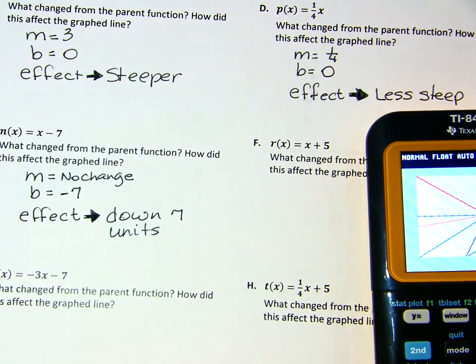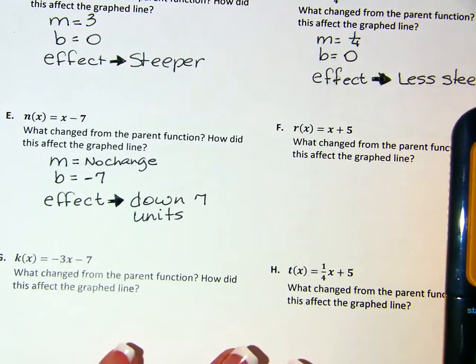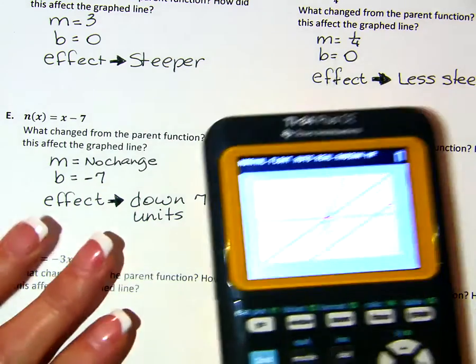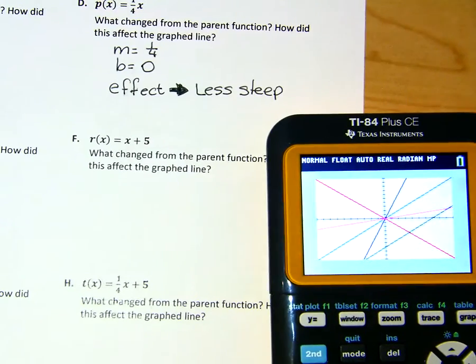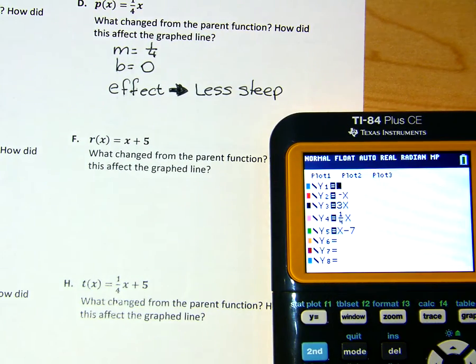There was no change to the slope, so we only had one effect, and it just put the whole line down 7 units. Now we have x plus 5. So here's x plus 5.